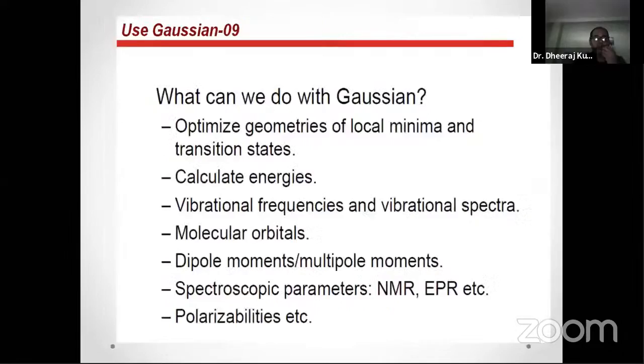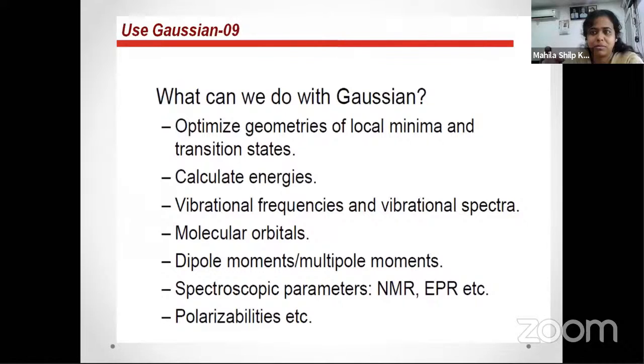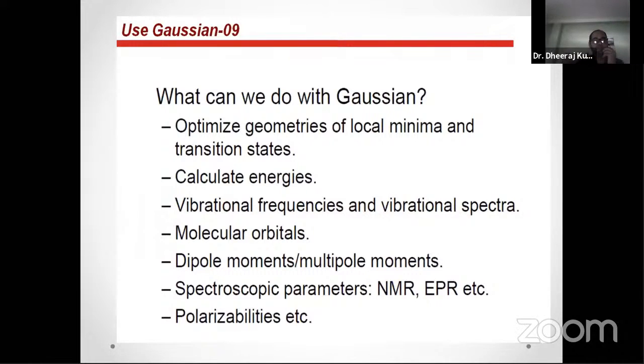With Gaussian, we can optimize the geometries of nanostructures. Then we can calculate the energy and other properties like vibrational frequencies, molecular orbitals, dipole moments or multipole moments, spectroscopic parameters like NMR, EPR, etc., and polarizability.